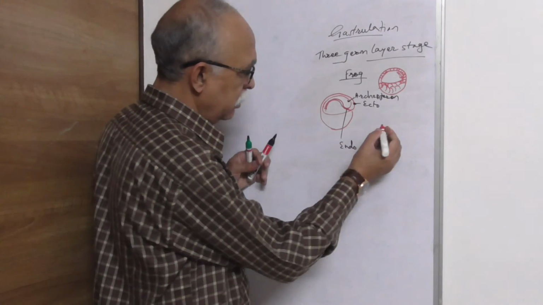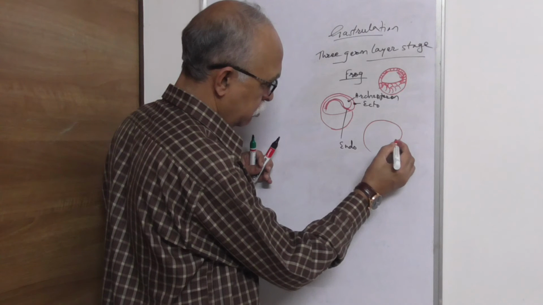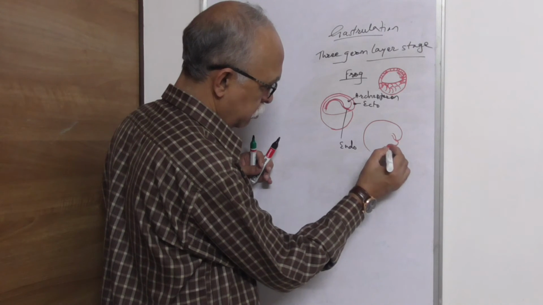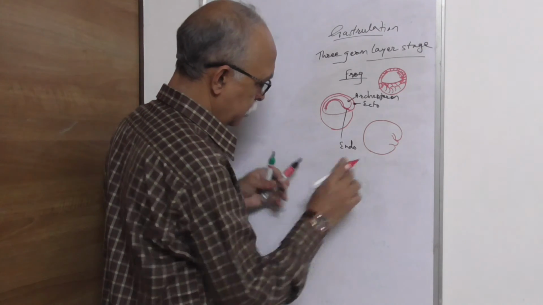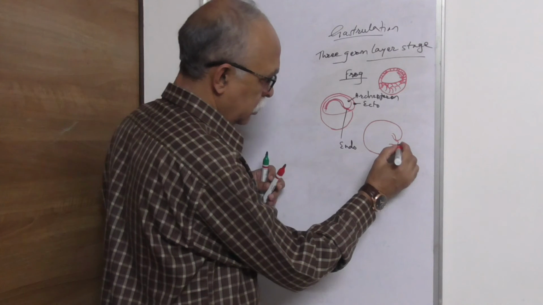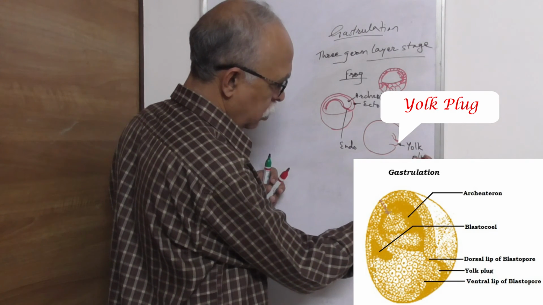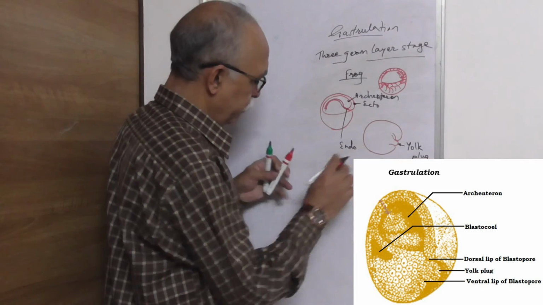Now what happens in the mature blastula? Here this becomes the yolk plug. Yolk laden cells are emerging out from here.